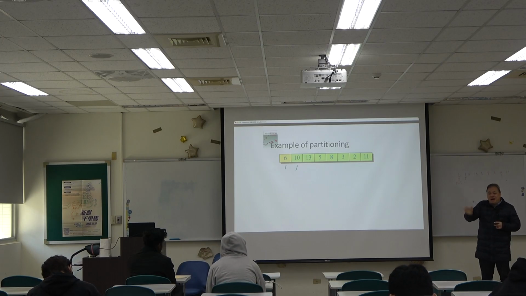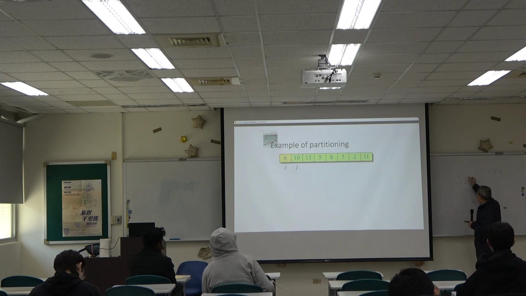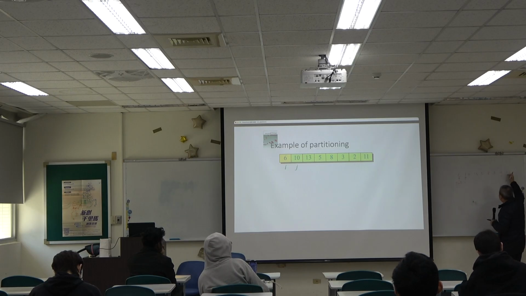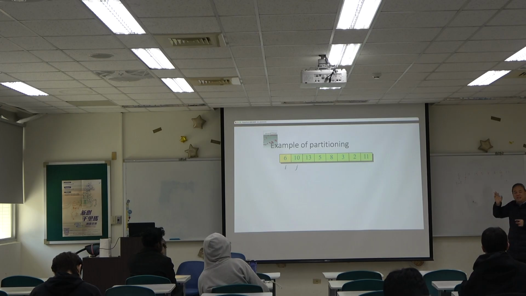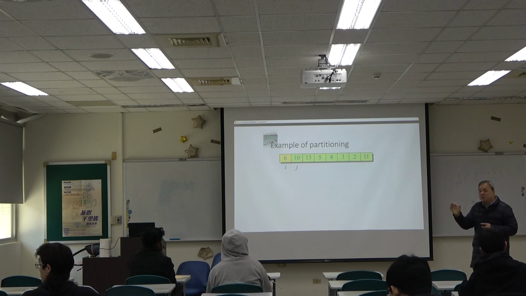The left side stops when it encounters an element that is greater than 6. So with this one, we stop here because 10 is greater than 6. If 10 is not greater than 6, we keep moving. And here we continue moving left, and here we see an element that is smaller than 6. If it is not smaller than 6, we keep moving.